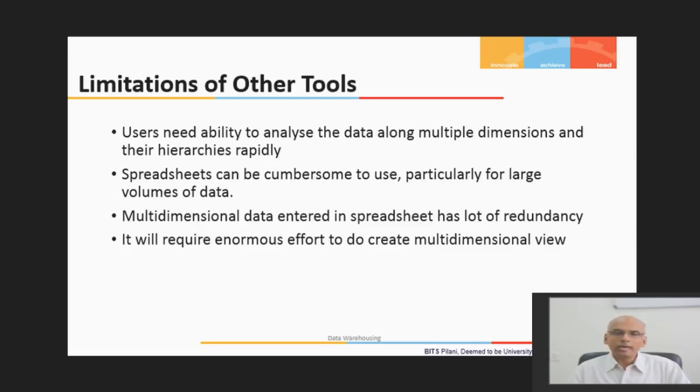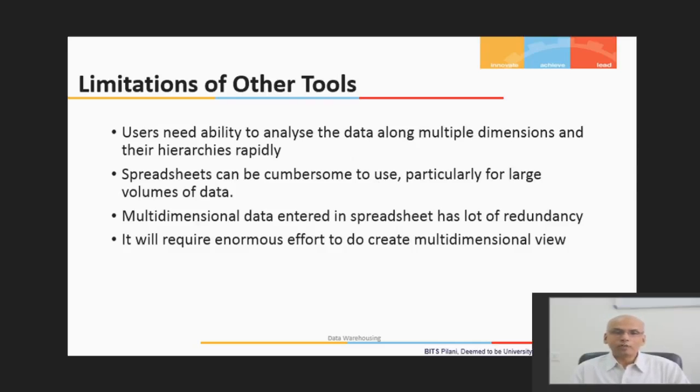Now let's look at why we need specialized tools. We had several tools to do the computations, such as what we have seen, for example, the aggregations and further down the aggregations across various dimensions based on various values. But when we are looking at the other tools, the first tool that comes to our mind is the spreadsheet.